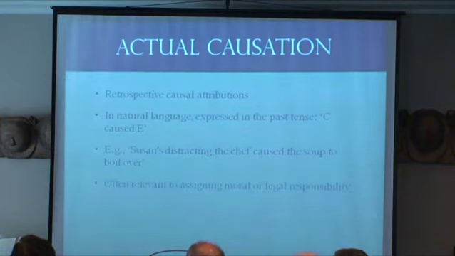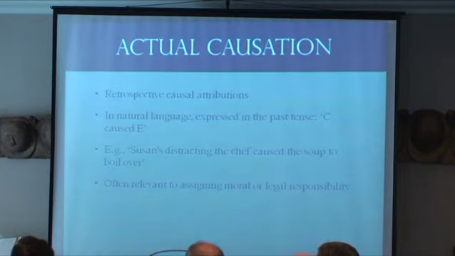And this is a kind of attribution that's often important in the assignment of moral and legal responsibility. So a court of law has to determine whether the defendant caused some harm to the plaintiff, and so on. And in making moral judgments, we want to know whether somebody caused some particular harm.